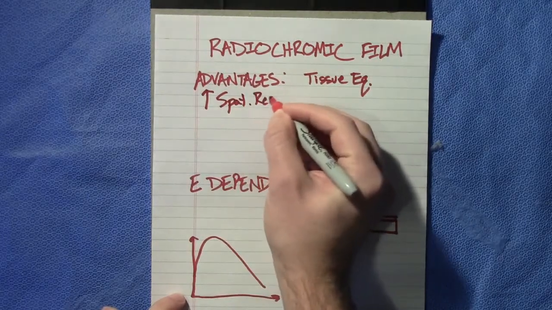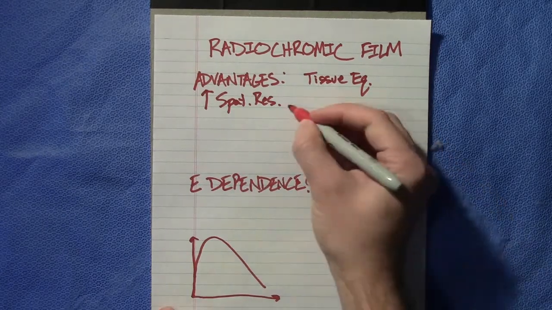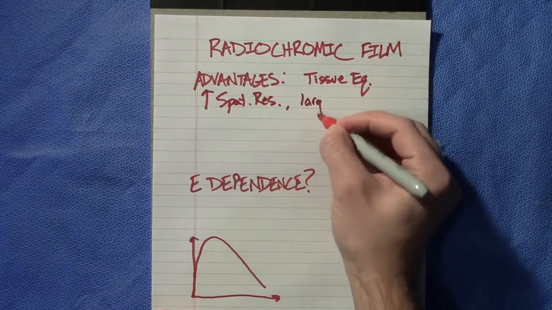So if we can use radiochromic film for IMRT QA or simply star shots or other things that may require better spatial resolution, especially if you're looking at maybe using a multi-isocenter or single isocenter BrainLab plan, and you just really want good spatial resolution to be sure that your dose distribution is as expected, that comes in handy.